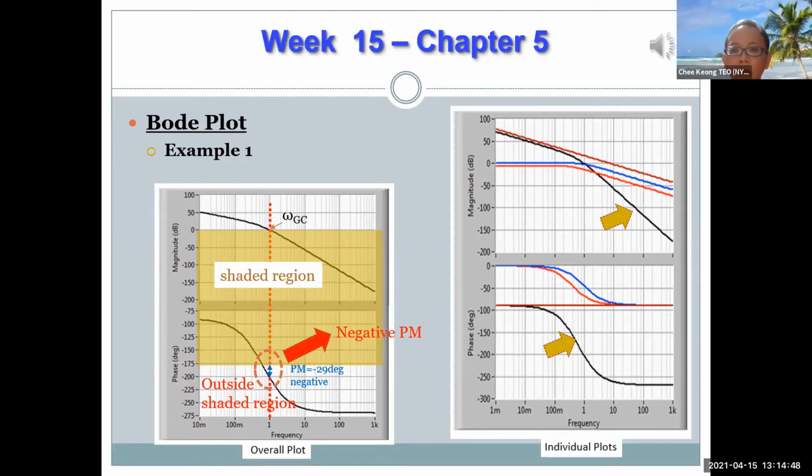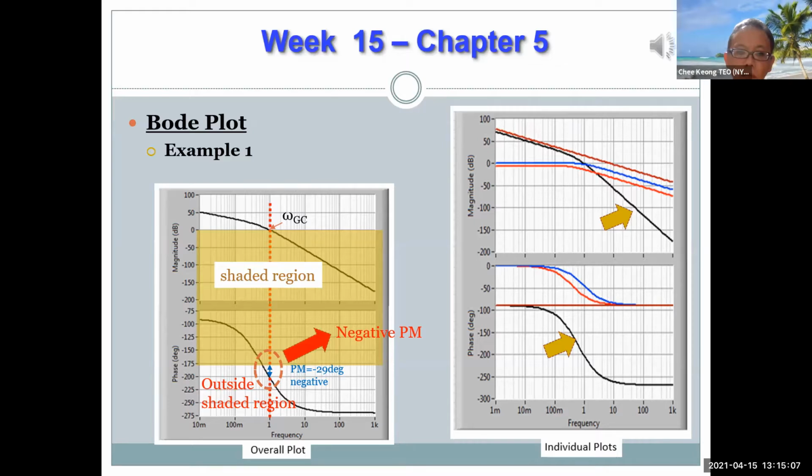If we proceed downward along omega GC and check the value of the phase and take the difference between this phase and the minus 180 degree reference point, we call this difference the phase margin, and it is 29 degrees for this example.